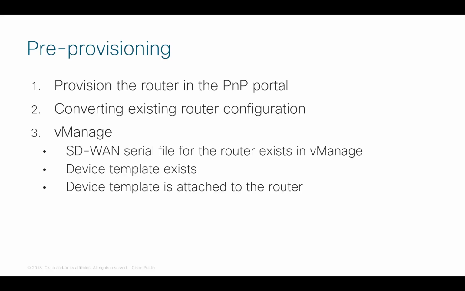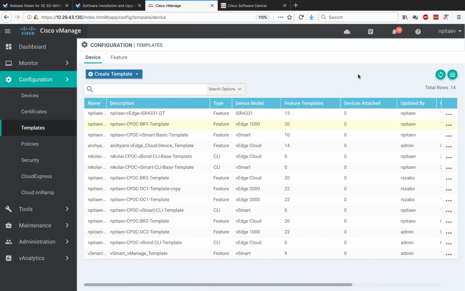So the next step after the serial file upload is to make sure that I do have a device template for my ISR4K, and then after the basic check, I will attach this device to the template. So let me show you what I did in vManage.